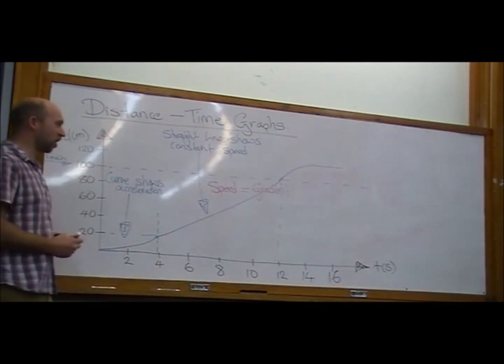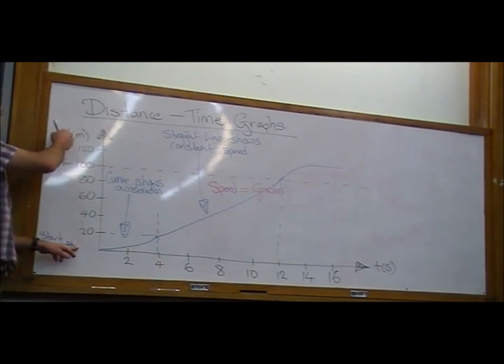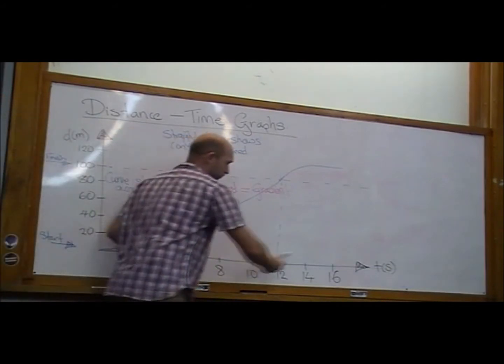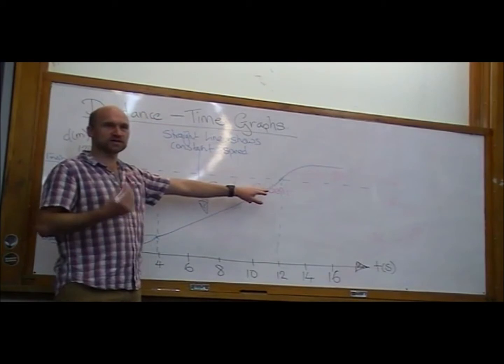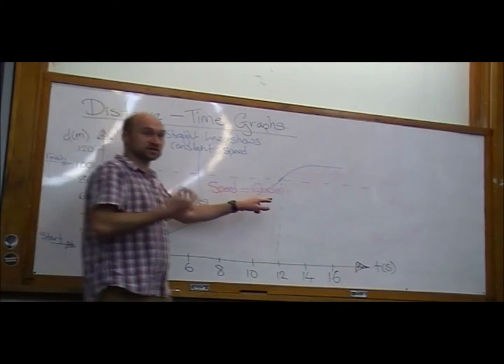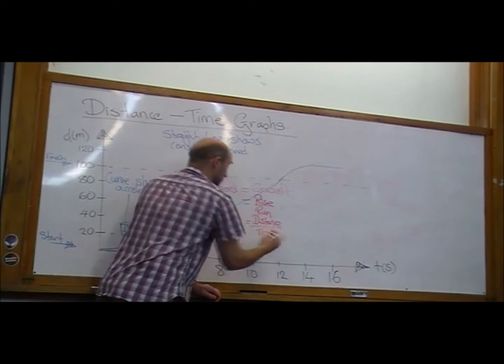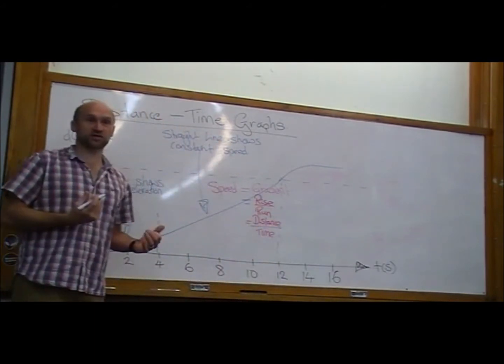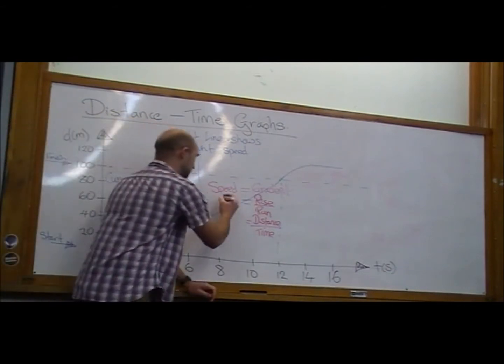Gradient is like rise over run. And if we look at the rise we're measuring distance, and the run we're measuring time. And so gradient, rise over run, distance over time, which is our equation for speed off our formula sheet, v equals d over t.